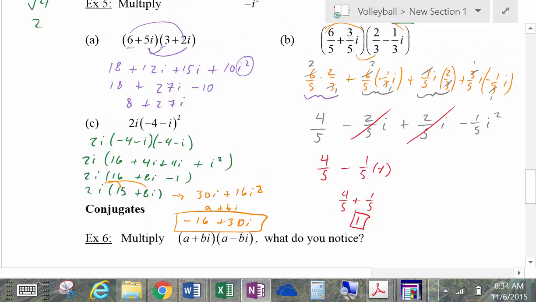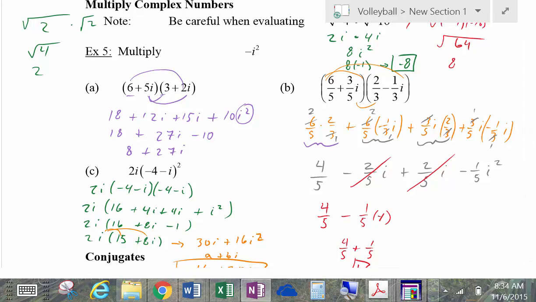All right, maybe I want to quiz you really fast. What is a conjugate? Opposite sign. So what is the conjugate of 5x squared y plus 7z? 5x squared y minus 7z?